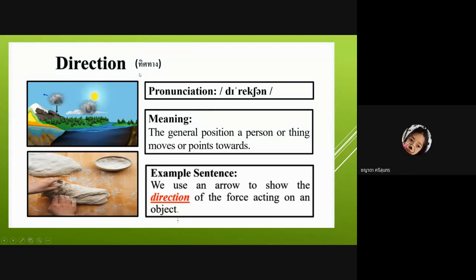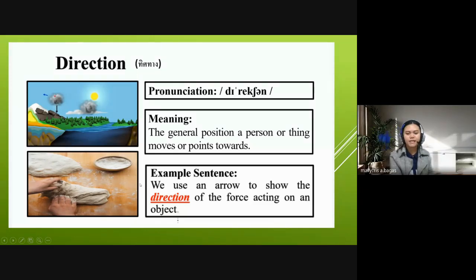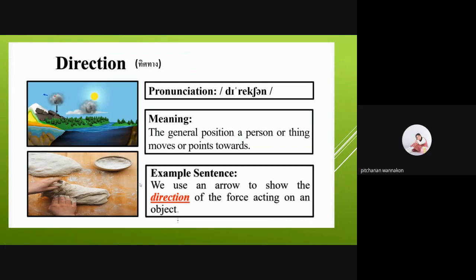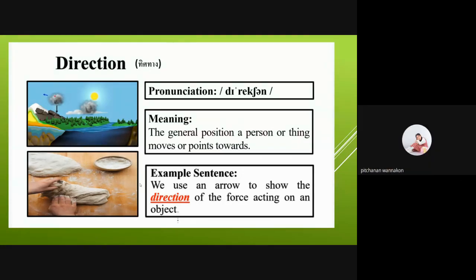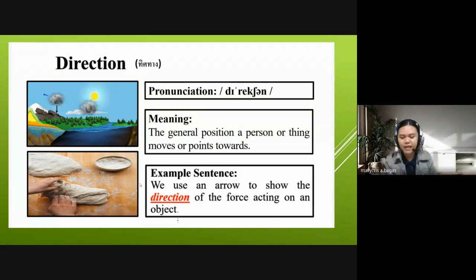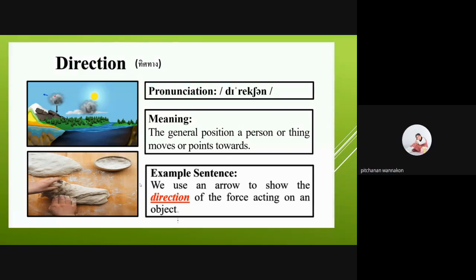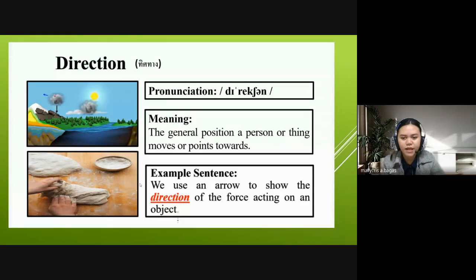Example sentence: We use an arrow to show the direction of the force acting on an object. Okay, we use an arrow to show the direction of the force acting on an object.